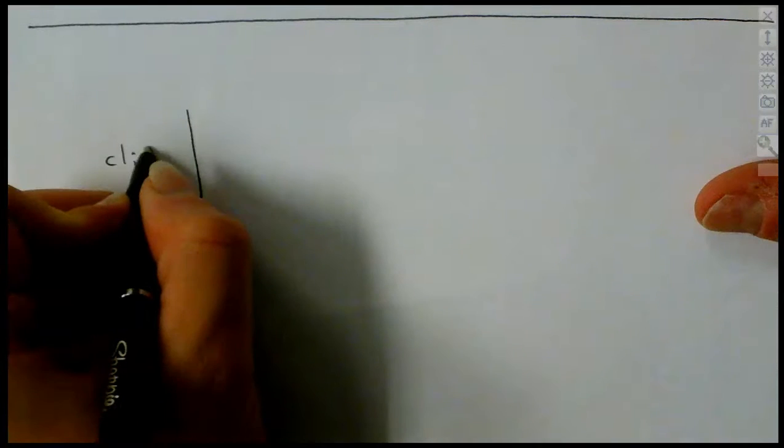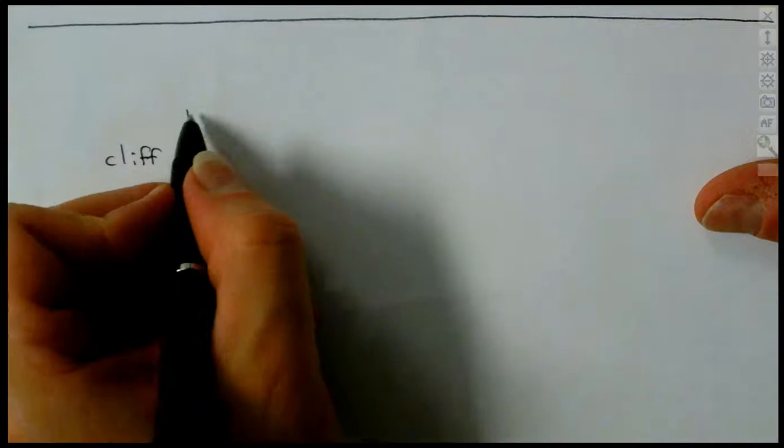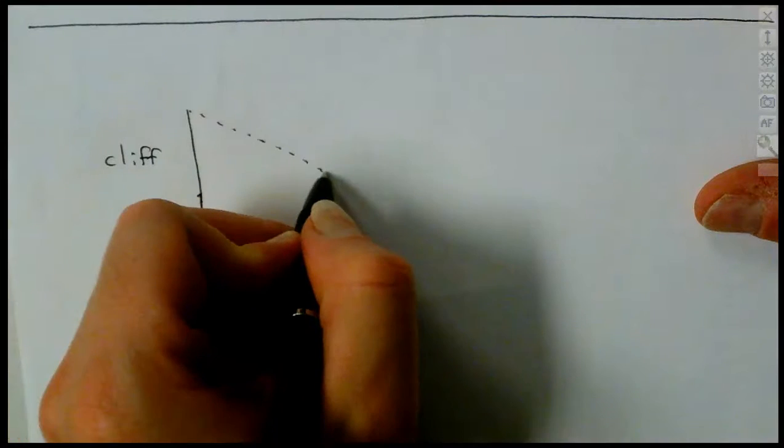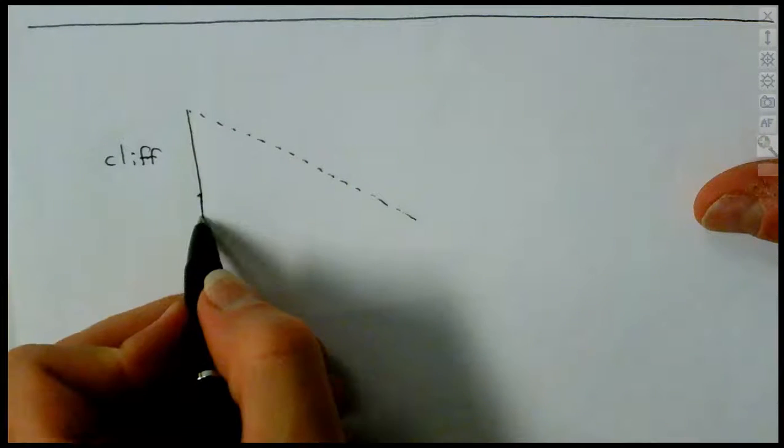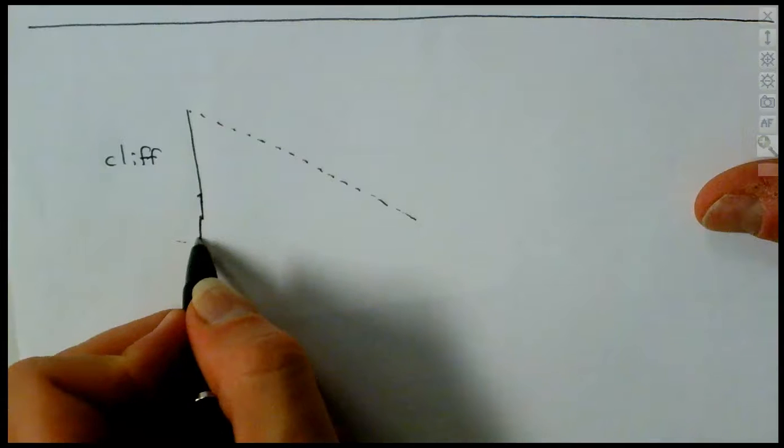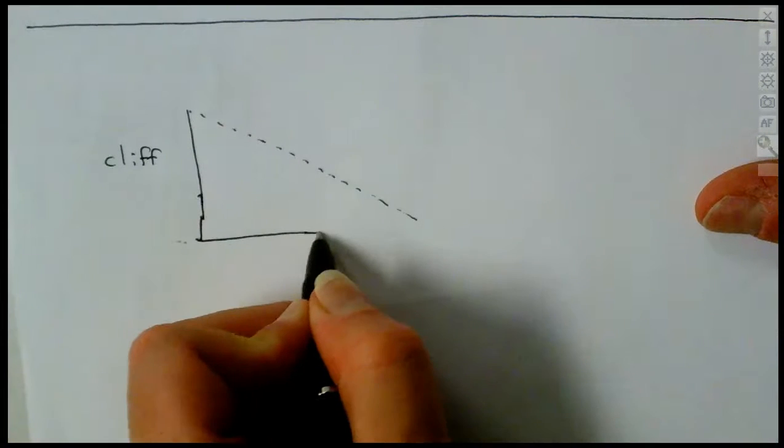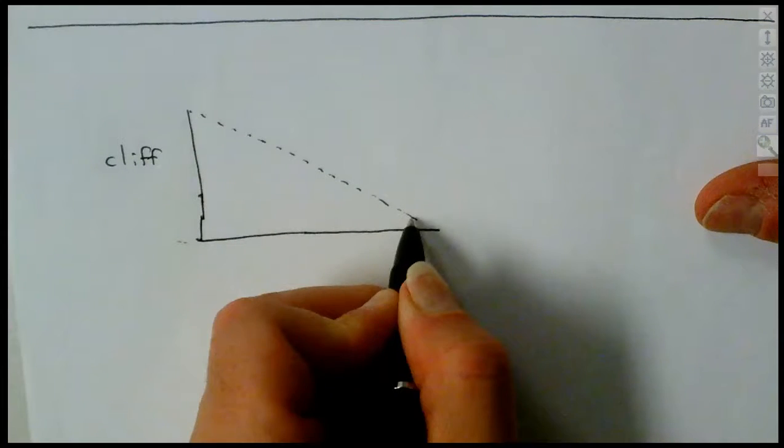So we are on a cliff, and we're going to be passing a line down. So we're on the top of the cliff here. So this is our cliff. And we're going to pass a line down or a rope down. And it's going to meet the ground somewhere over here.